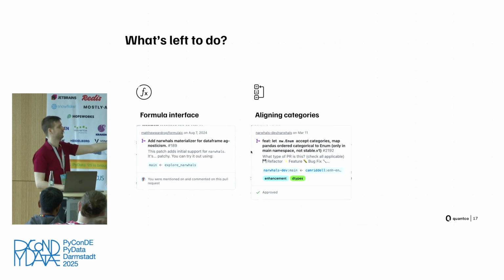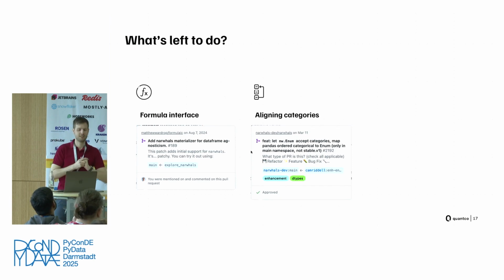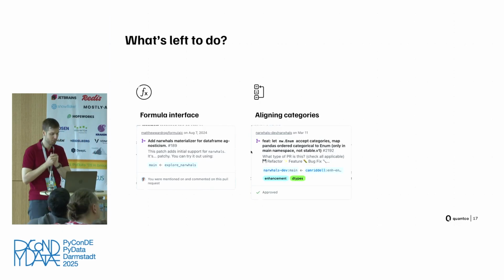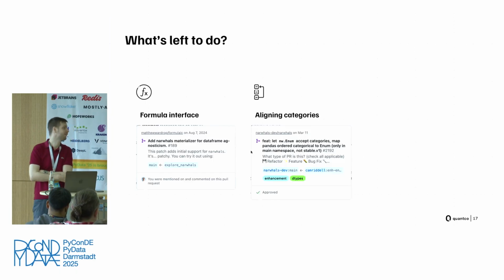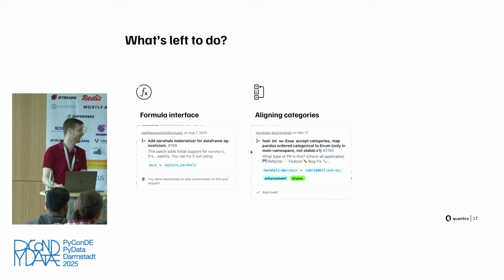And for that, we need support for enums. And narwhals did have support for enums, but we couldn't set the categories explicitly up until this PR was merged last week or the week before last week. It's also not released yet, but I'm hoping it's released soon, and then we can finally add proper polars and so on support to Glum as well, and not just Tabmat.